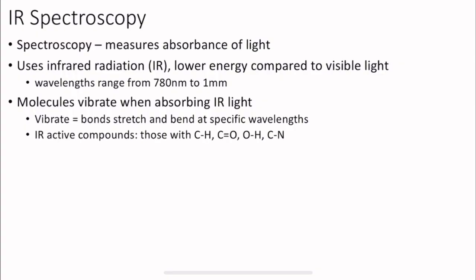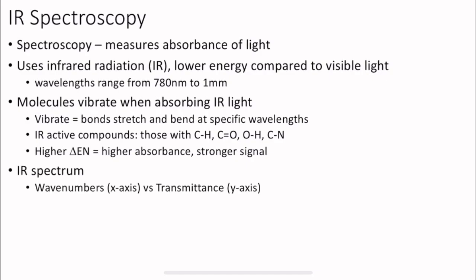Specific bonds that absorb IR radiation significantly are those in compounds with C-H bonds, C=O bonds, O-H bonds, and C-N bonds. Basically, the functional groups in organic molecules. And generally, the higher the electronegativity difference, the higher the absorbance, and the stronger the signal.